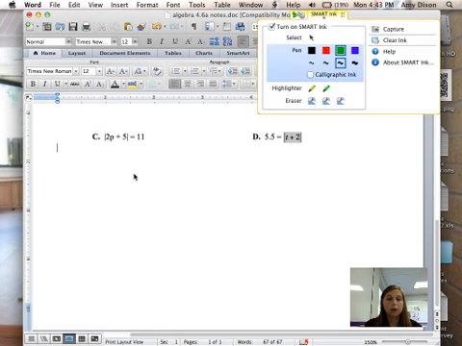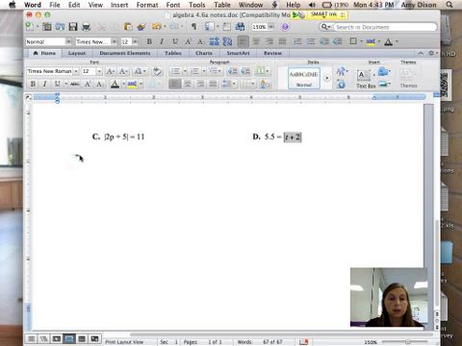Okay, so what's inside this absolute value, 2p plus 5, could equal 11, but it could also equal negative 11, because if it equals negative 11, your answer is still 11. So we set it up like this. We get 2p plus 5 equals 11, okay?